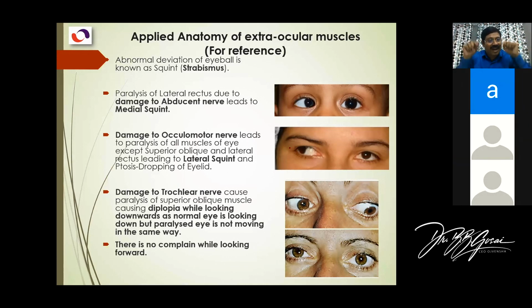When he's trying to look downwards and medially, like when you are trying to move down stairs and you look down, the normal eye will look downwards and the paralyzed muscle will move slightly, but it will not move in the same alignment as the other eye. It should look like this. But now one is straight because it is abnormal, and the normal one moves down.